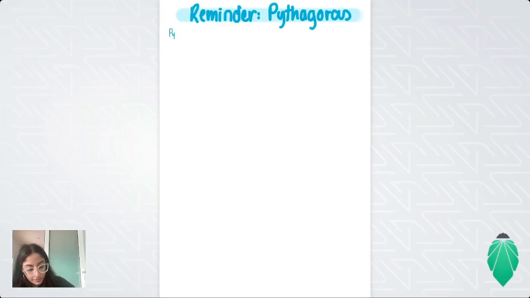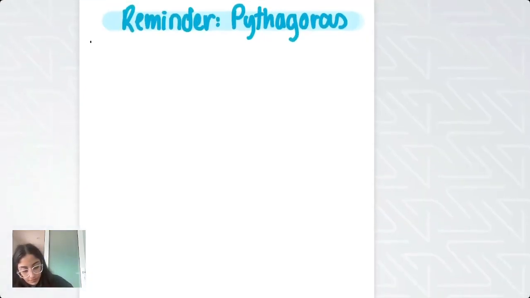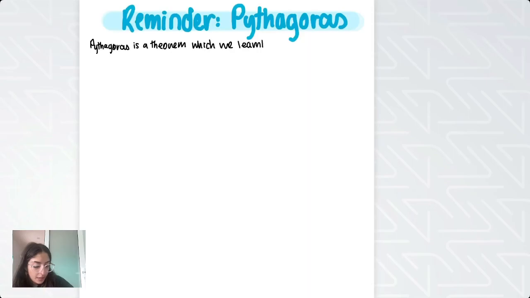Pythagoras is a technique, or I might say is a theorem. Pythagoras' theorem, which we learned last year in year 8. Okay?